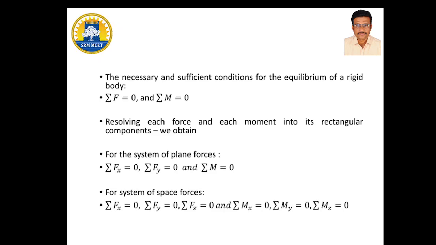As we said earlier, the necessary and sufficient conditions for the equilibrium of rigid bodies are: summation of forces, that is F1 plus F2, F3 up to Fn, equal to 0, and summation of moments M1, M2, M3 equal to 0. Resolving each force and each moment into rectangular components, we obtain summation of Fx equal to 0, summation of Fy equal to 0 and summation of moment equal to 0.